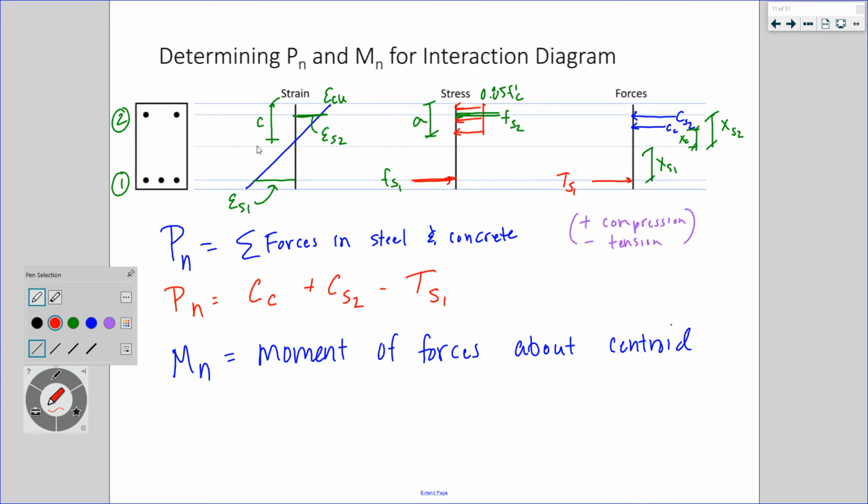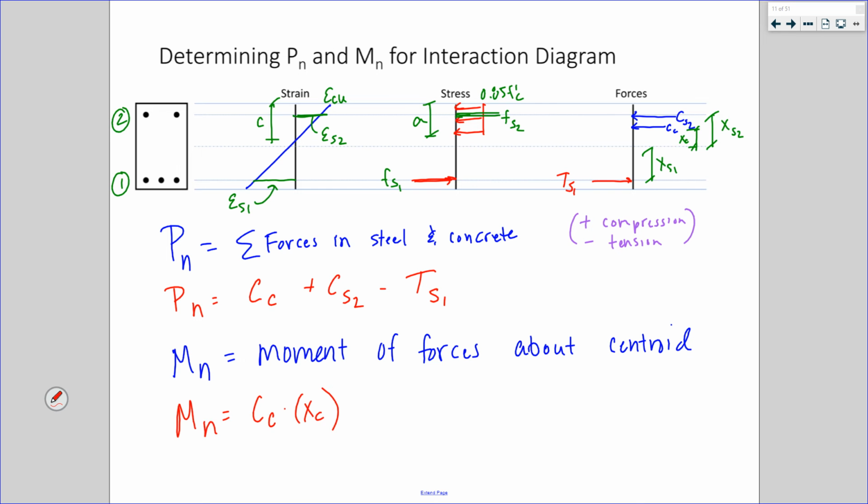So, my moment is C sub C times XC plus C sub S2 times X sub S2 plus T sub S1 times X sub S1.